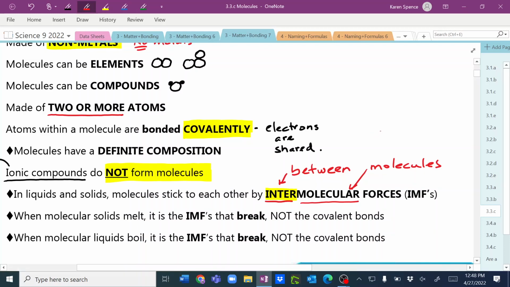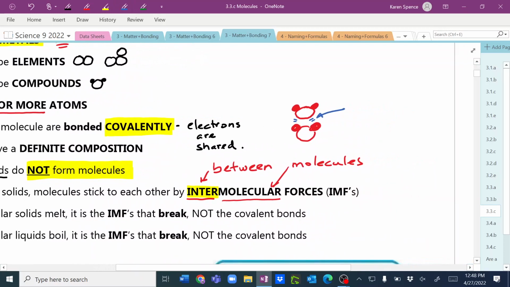So if I had a water molecule here, and I had another water molecule right beside it, the force between the molecules are called intermolecular forces. And remember, the abbreviation that I use for molecule is MC.